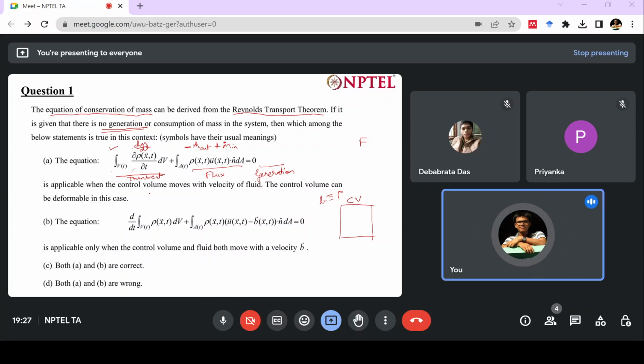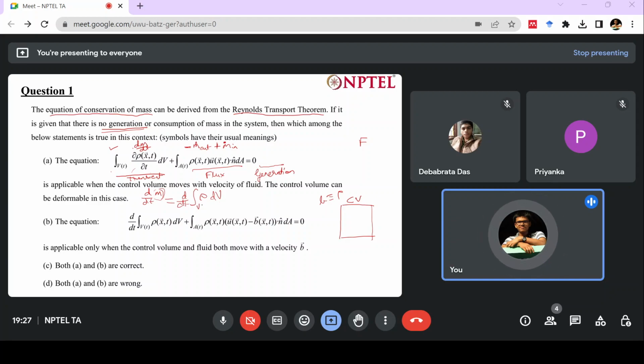So here we had already discussed. This term is dm/dt. So this term is d/dt of m, and if we expand m, this will basically be rho dV throughout the volume, and this whole thing is under the differential.